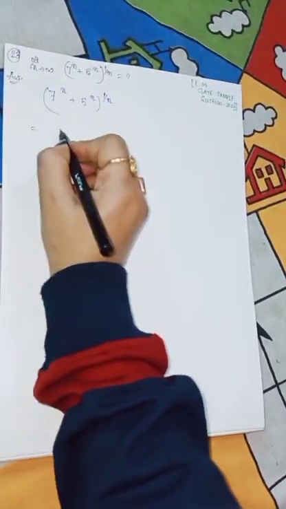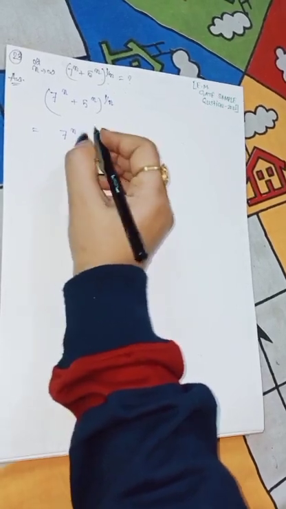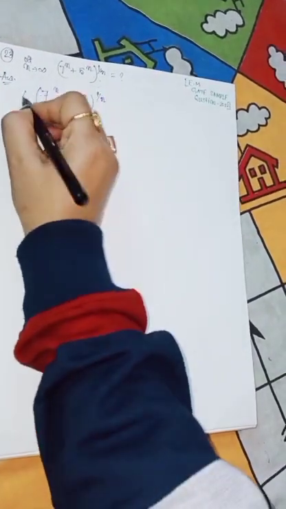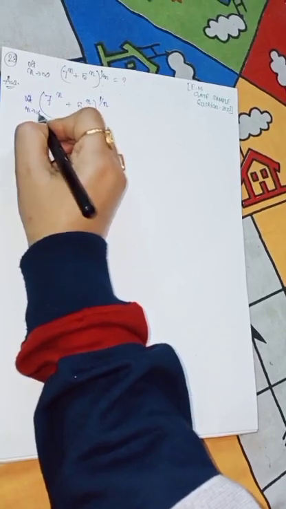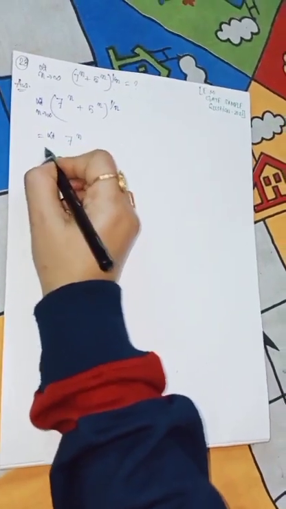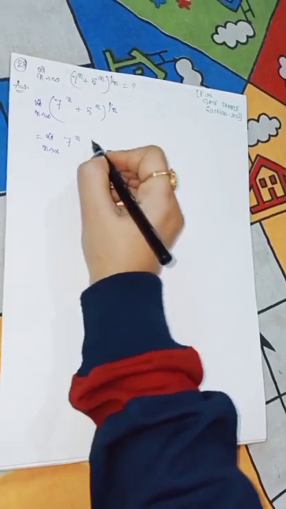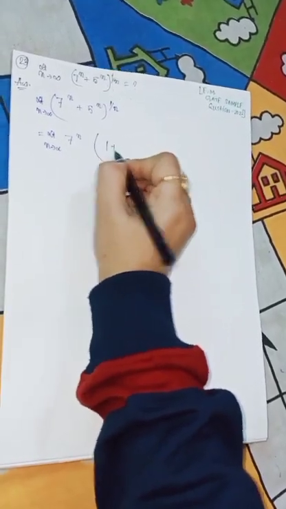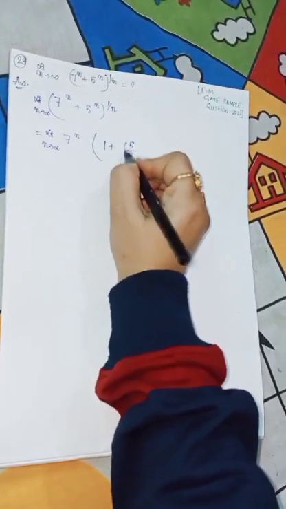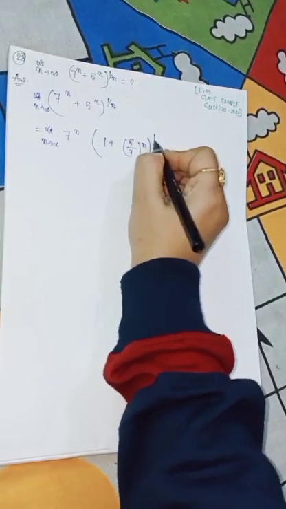Just simplifying this, taking 7 to the power n common, limit n tends to infinity, we get 7 to the power n into (1 plus (5 by 7) whole to the power n) whole to the power 1 by n.